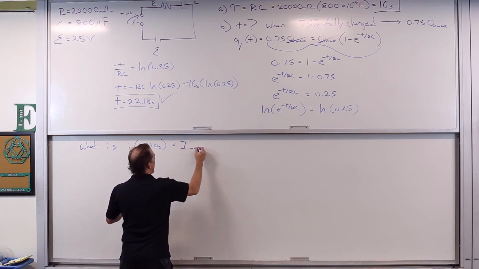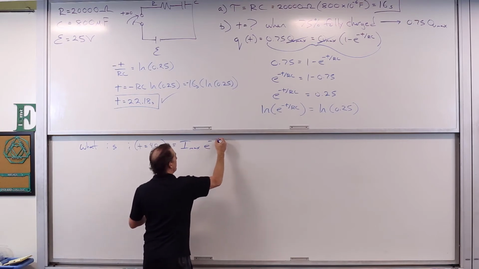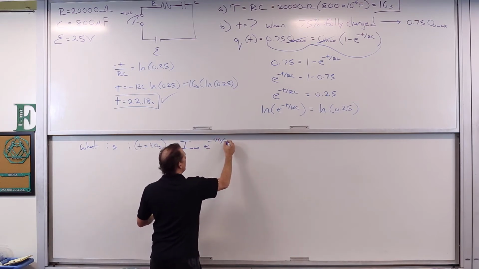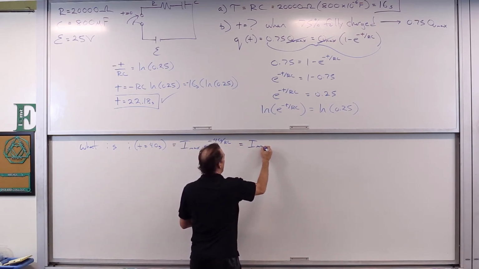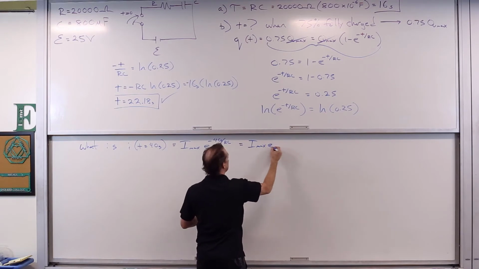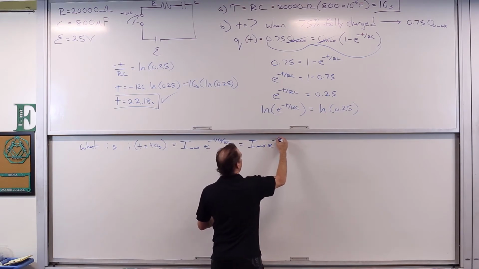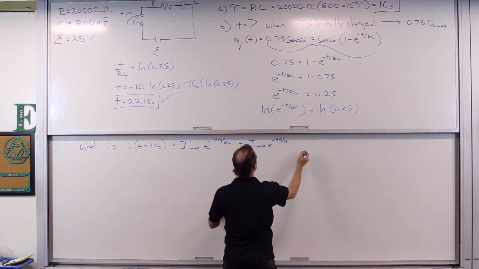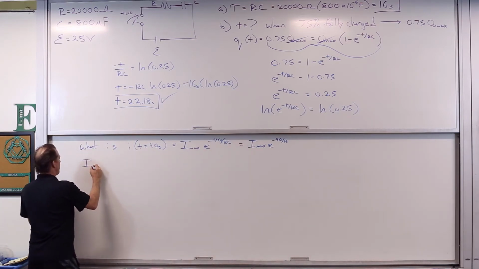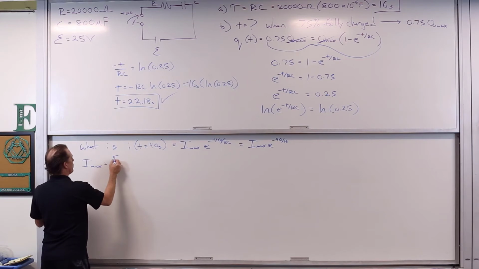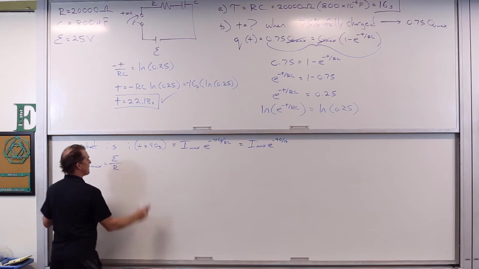Well, that's equal to I max times e to the negative 40 divided by RC, that's seconds. And what does this end up being? This is I max multiplied by e to the negative 40 divided by 16. And then we just need to know, what is I max? I max is going to be equal to the source potential divided by the resistance.